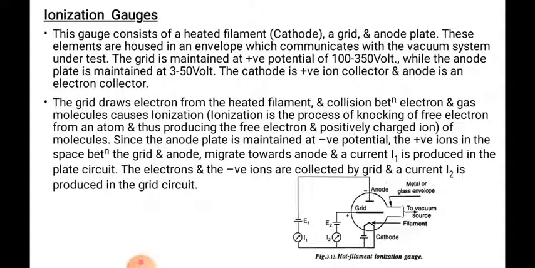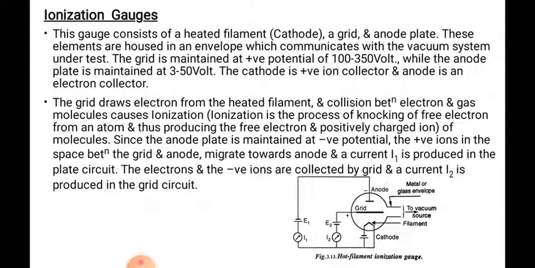That is why the grid draws electrons from the heated filament, and collision between the electrons and gas molecules causes ionization. Ionization is the process of knocking free electrons from an atom and thus producing free electrons and positively charged ions. That causes ionization of molecules.